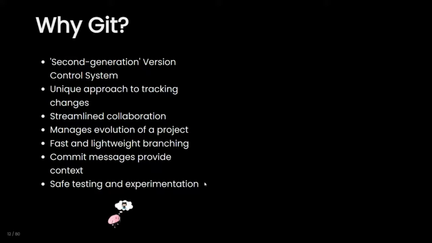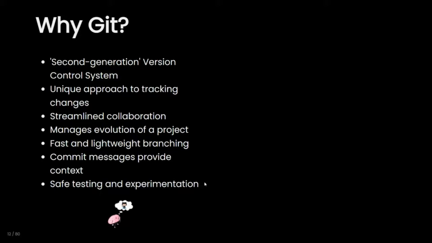The commit messages that Git stores in the log of the timeline of the project are very important for context, and we'll be talking a lot about what makes a good commit message. But the key part is that humans don't always get everything right the first time. One of the best things about Git is that you can conduct safe experimentation and testing. So maybe we do have a crazy idea, like my code would definitely work better if I do this.